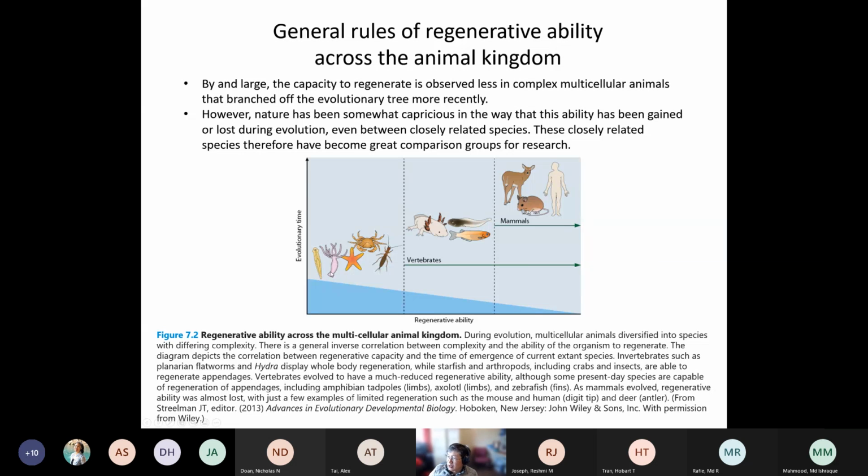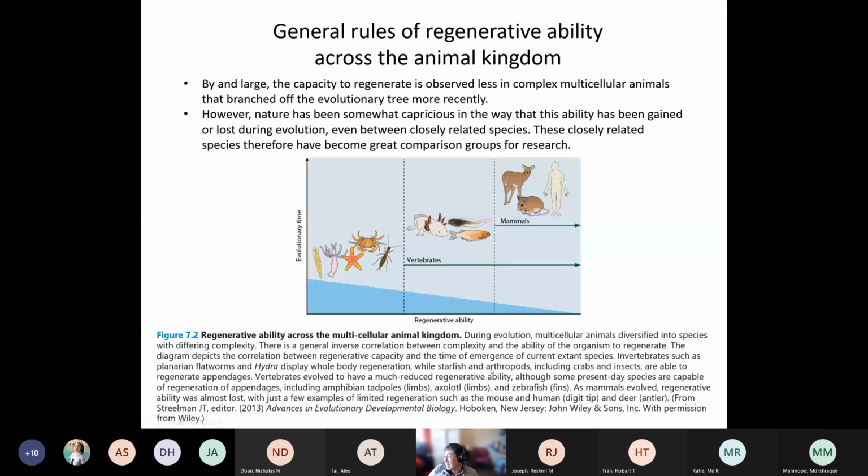And then the next one is called hydra. And the third one is a starfish. And then the next two, collectively, I couldn't remember, are called arthropods. They include crustaceans and insects.